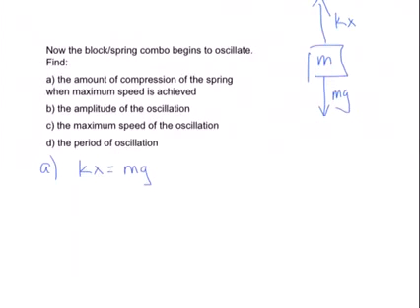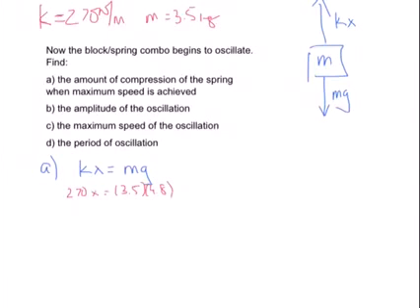We go back and check our info. So we can just keep that info here. Let me write that at the top because we're going to need that a couple times. k is 270 newtons per meter. Mass of this is 3.5 kilograms. So 270 times x equals 3.5 times 9.8. x, or the compression distance, should work out to be 0.127 meters, or 12.7 centimeters.